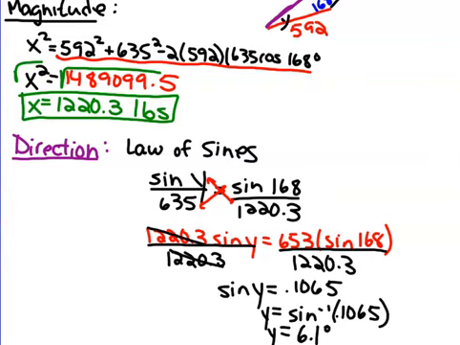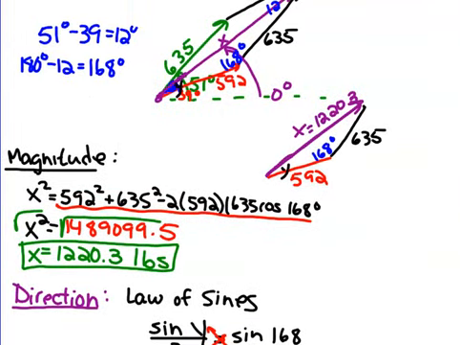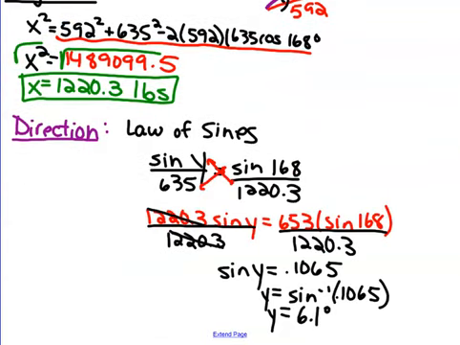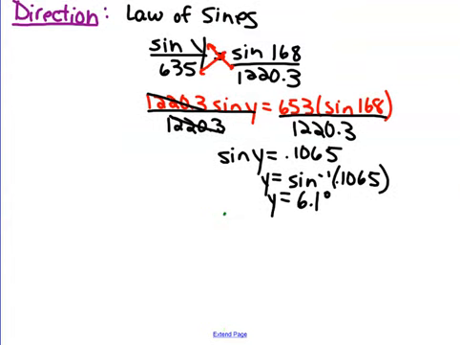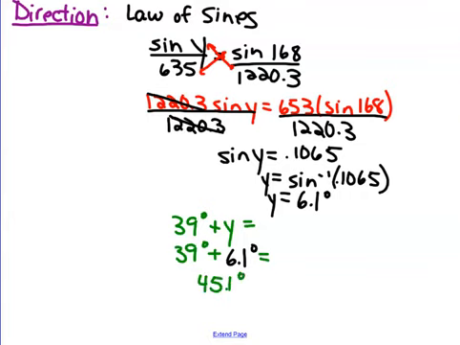You know, again, going back to this picture, if I got 66.1 degrees, that wouldn't make much sense. But it's 39 plus this little y angle there. So 39 degrees plus 6.1, I get 45.1 degrees.